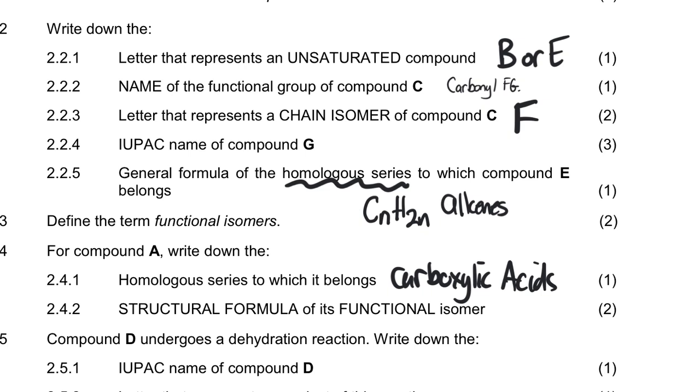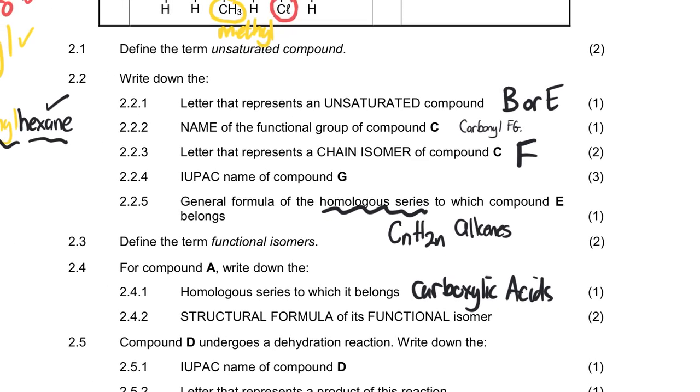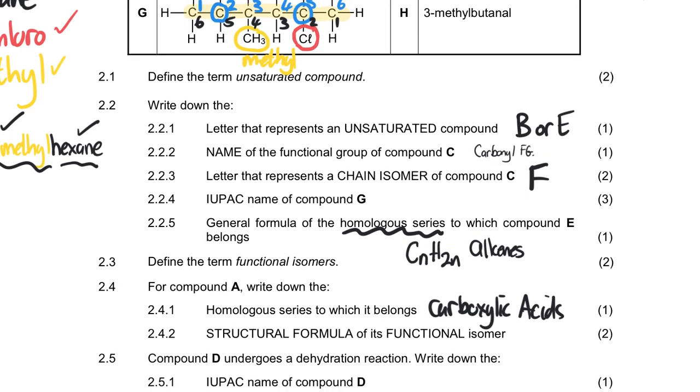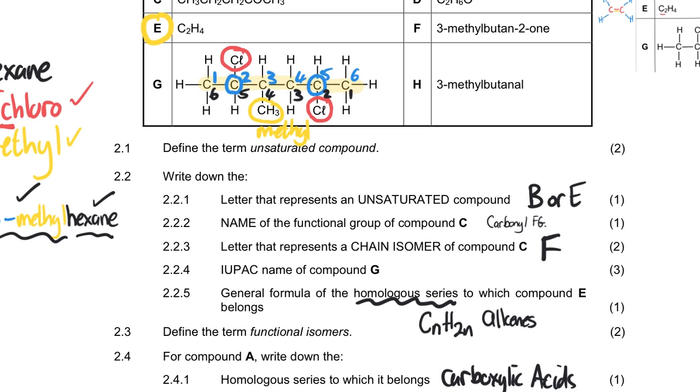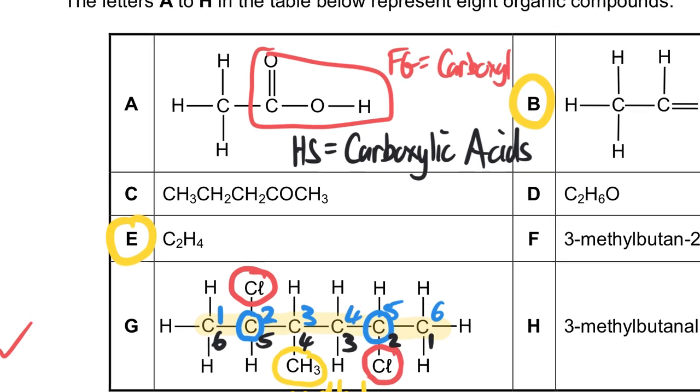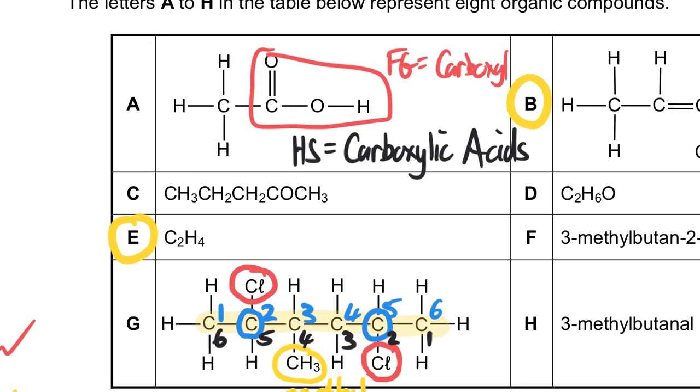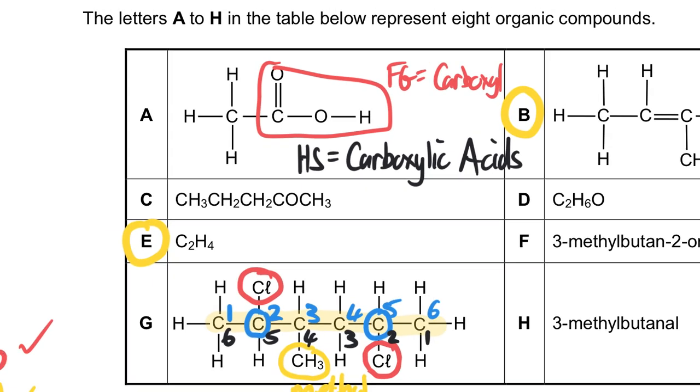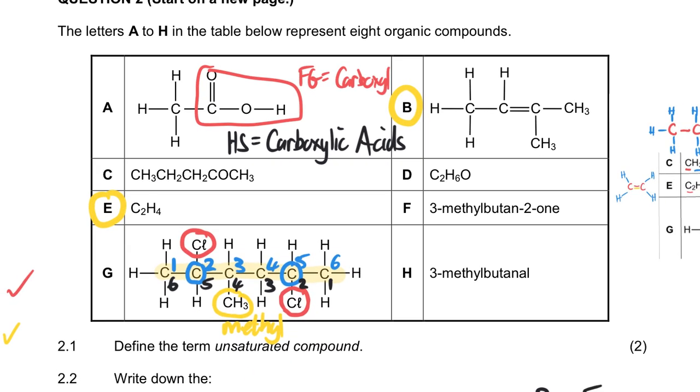The structural formula of its functional isomer. So when it refers to its functional isomer, it is referring to its functional isomer in this table. So if we look here, we have got a carboxylic acid. So if we're looking for a functional isomer, then we are looking at an ester.